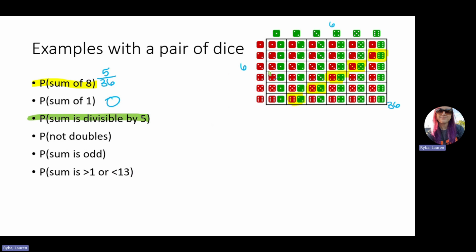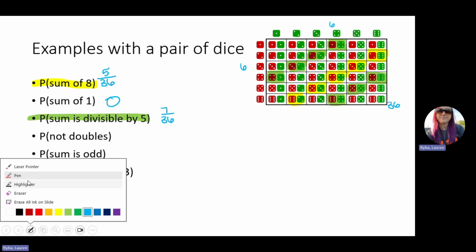All right, so my sums of 5 are happening here, and my sums of 10 are happening over here. So that was 1, 2, 3, 4, 5, 6, 7 of them that I marked off there out of my 36.